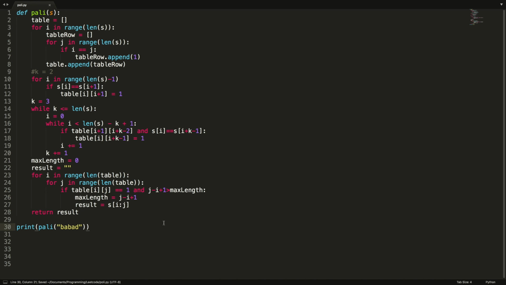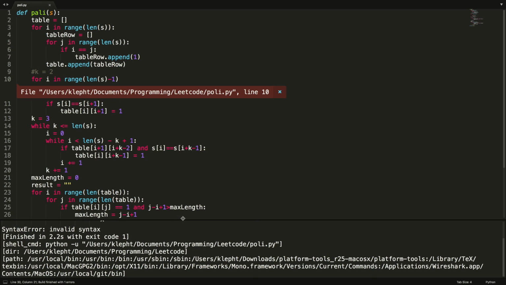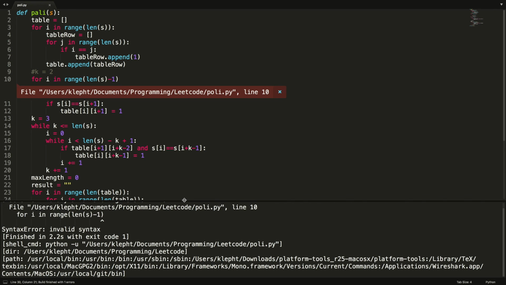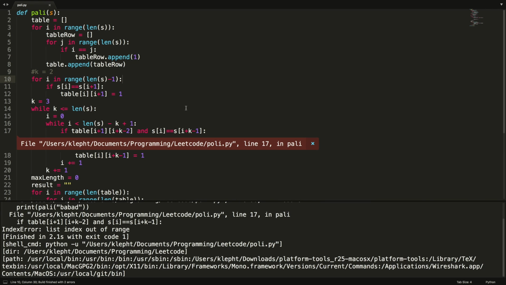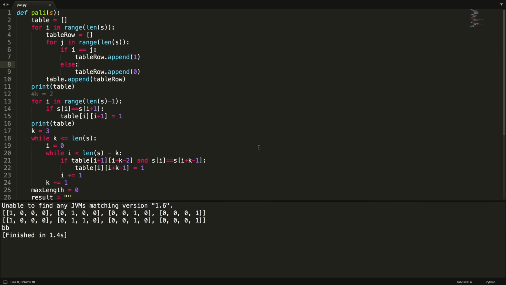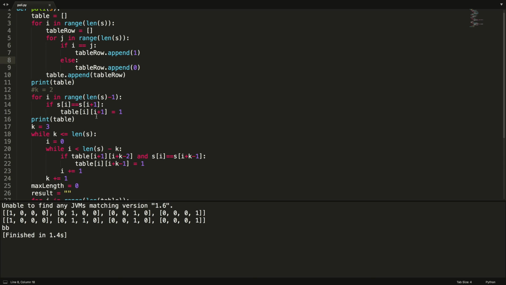Let's say why invalid. Oh, it's invalid. Why? Oh, it's called from here. So the last one is crashed, and some part is black screen. So just now there was an error.